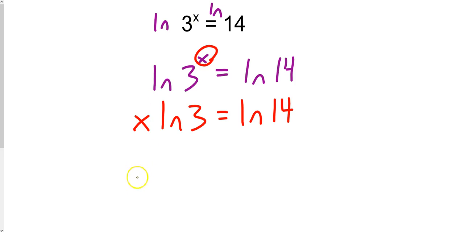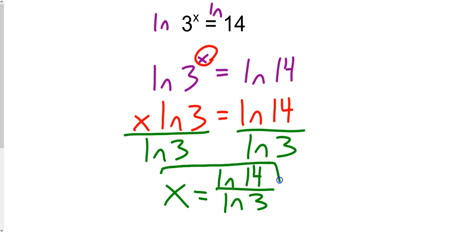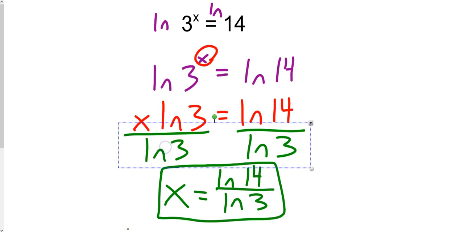And how do you get rid of multiplication? You divide. And now you know what x is. x equals ln of 14 divided by ln of 3. And there you go. So in this case, we had to take an ln of both sides to solve, do a little expanding, and we were good to go.